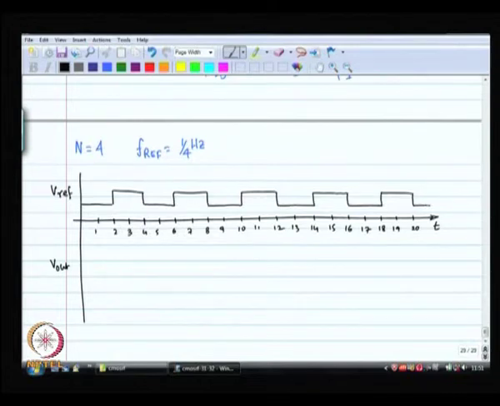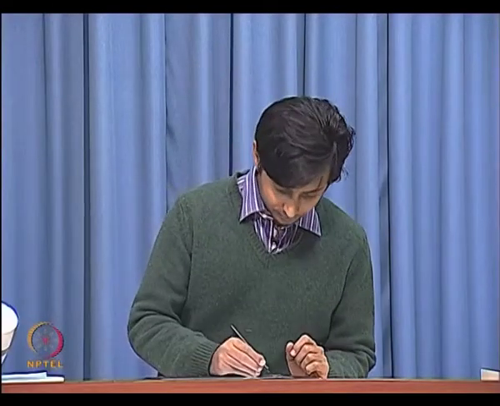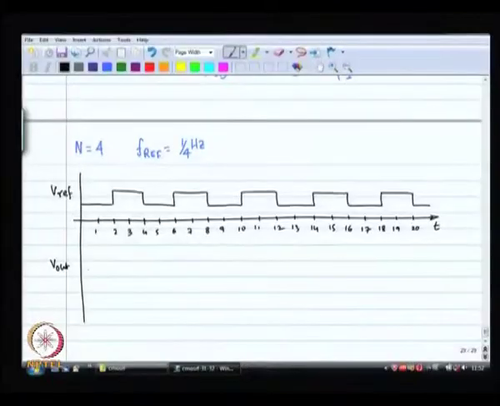Okay. Let us say that is my f ref, and the target output frequency is clearly 1 hertz, n is 4. However, let us say instead of 1 hertz, initially my VCO was giving a little less than 1 hertz, maybe 0.6 hertz or something.